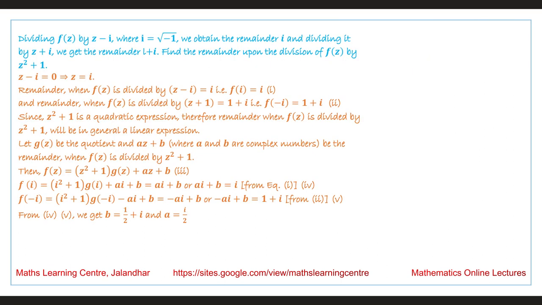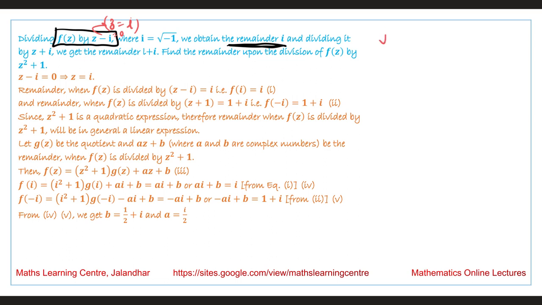Now next it is given that if we divide f(z) by z minus iota, the remainder we obtain is iota. So when we are dividing it by z minus iota, we are talking about z is equal to iota. If we equate this term to 0, we get z is equal to iota.